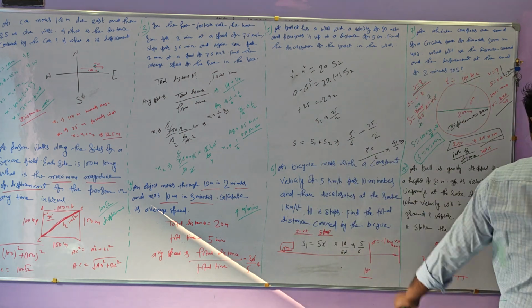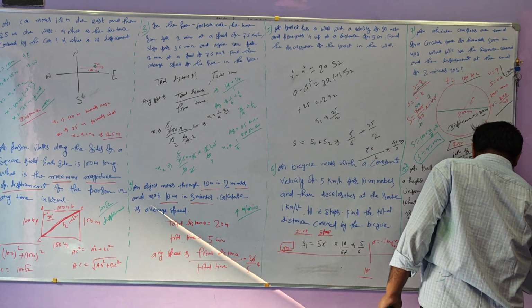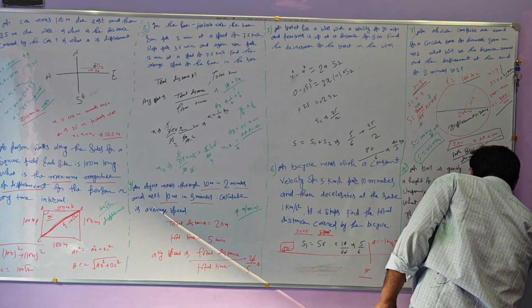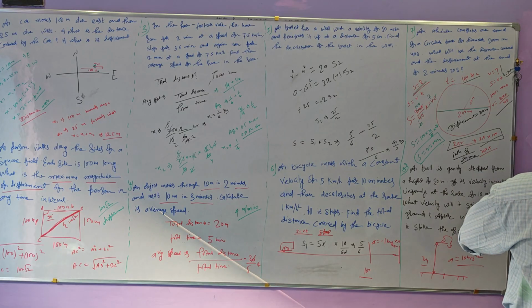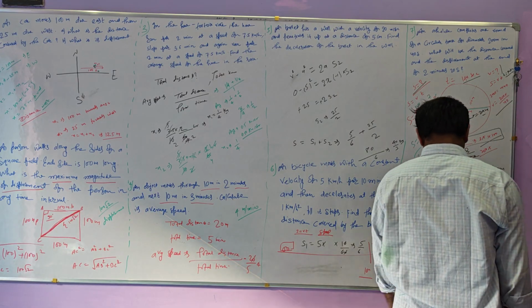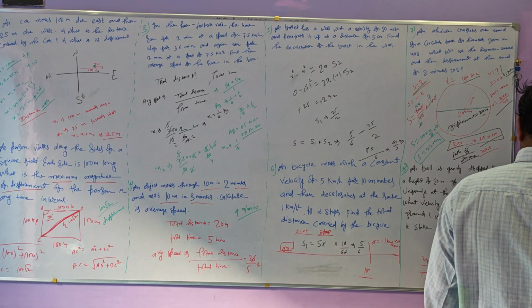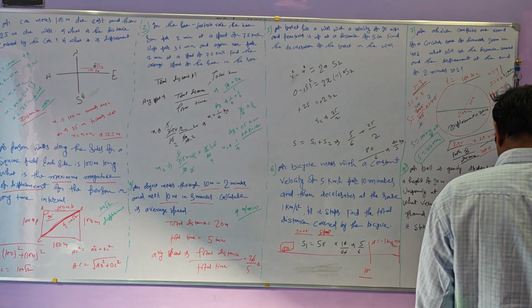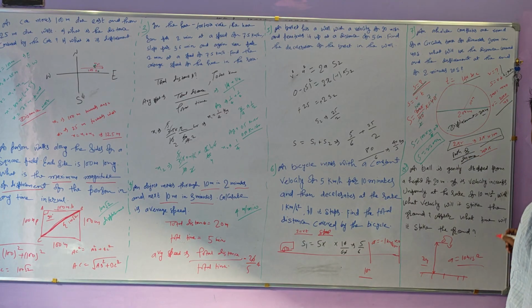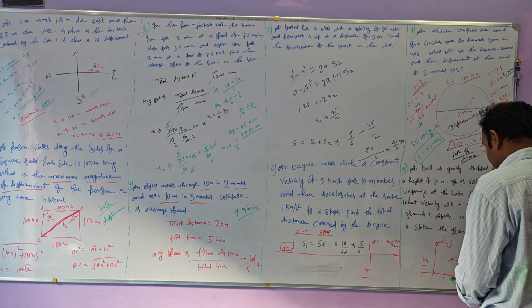If its velocity increases uniformly at the rate of a is equal to 10 meter per second square, with what velocity will it strike the ground, and at what time will it strike the ground?